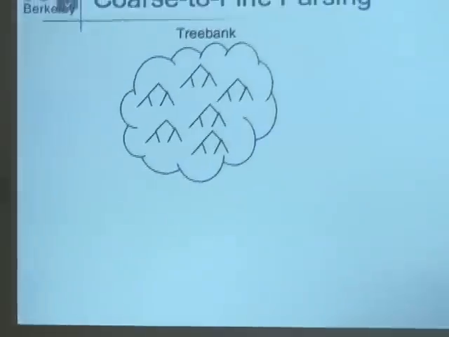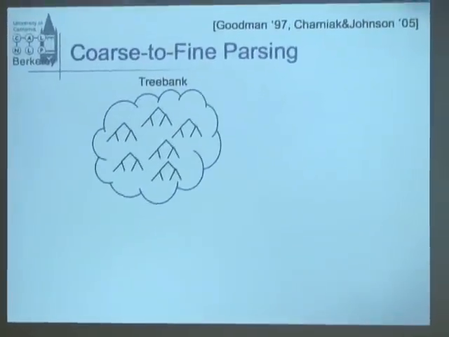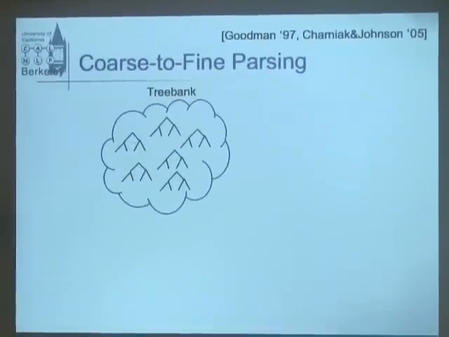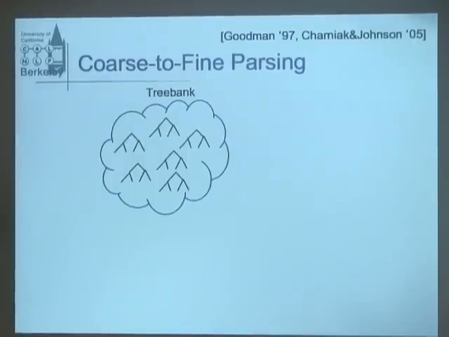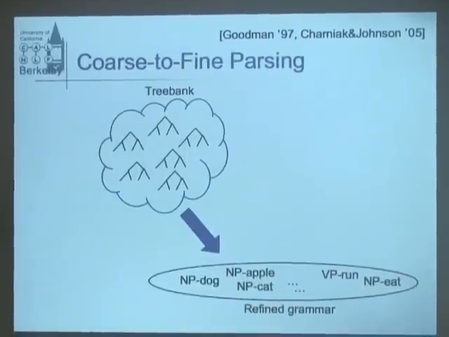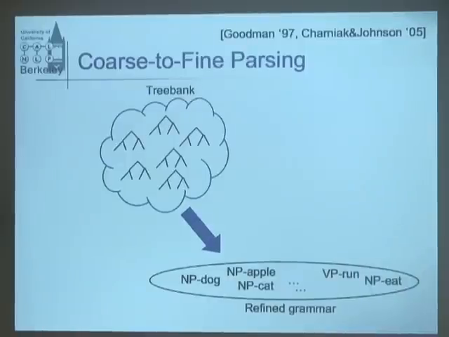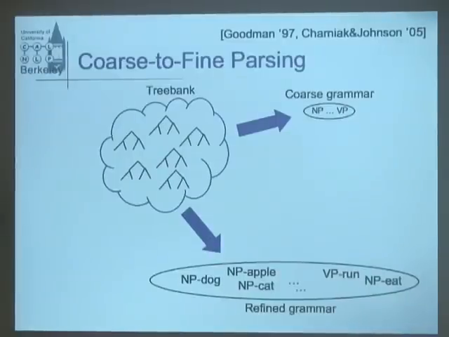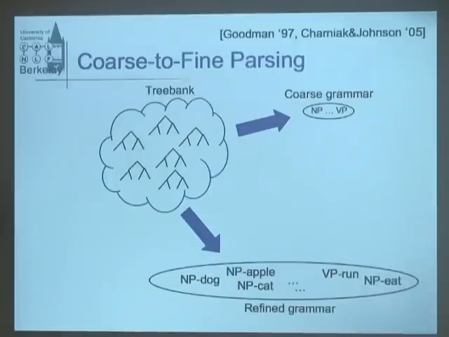So we'll borrow some ideas from previous work to speed up parsing inference, and the main idea is coarse-to-fine parsing, where you take your treebank and you estimate a refined grammar. For example, the previous work used lexicalized grammars. In our case, these grammars will be just split grammars. And then in addition to that, you have a coarse grammar that is much more compact and fast to parse with.